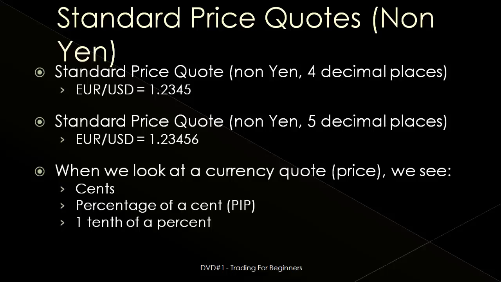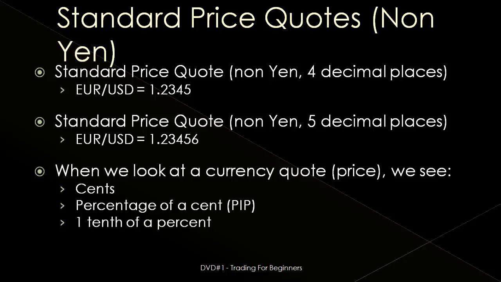So in this case, there are 5 places after the decimal, and in the standard price quote at the top, there are only 4 places after the decimal. This, of course, depends on what type of broker you have, or the type of account that you hold with the broker.